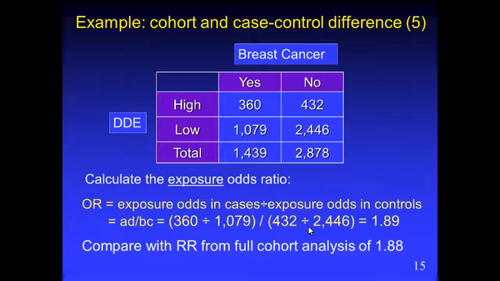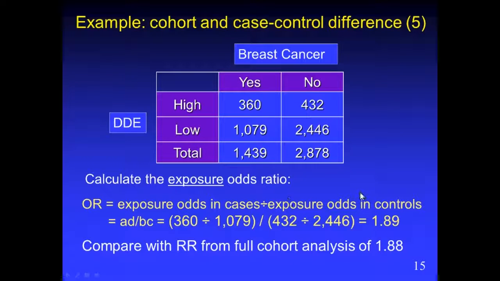Okay, so that was the odds ratio. Now what's the importance of that in terms of our cohort study example? Let's calculate the odds ratio for the data. Remember we took all the cases, we sampled the controls.